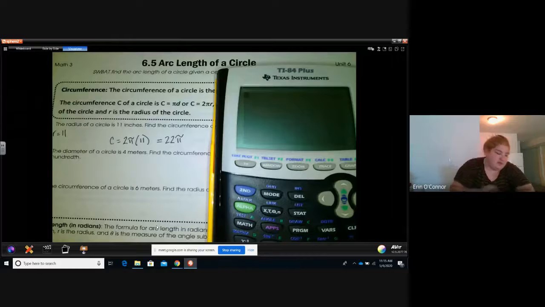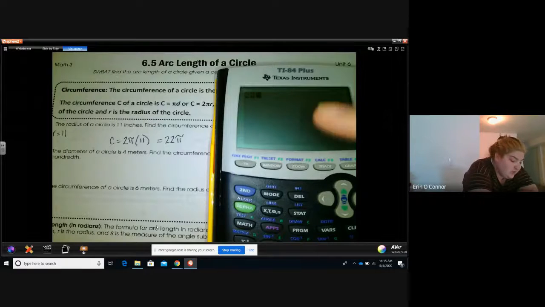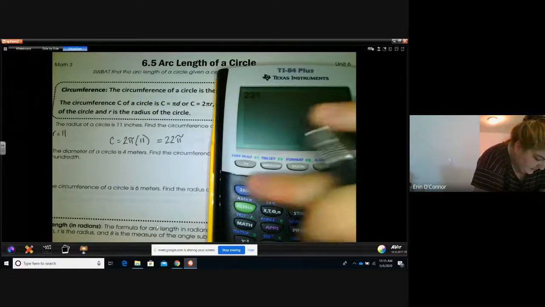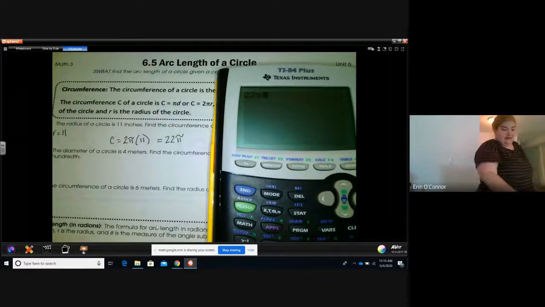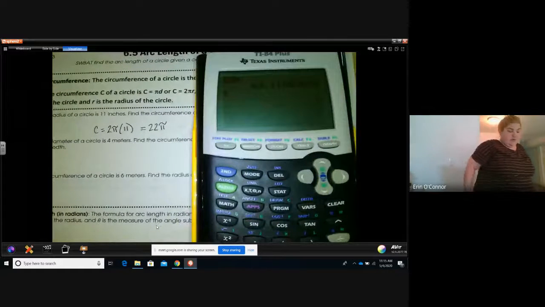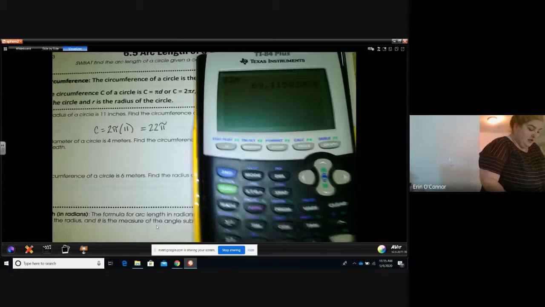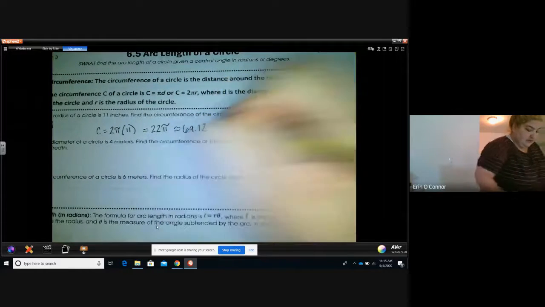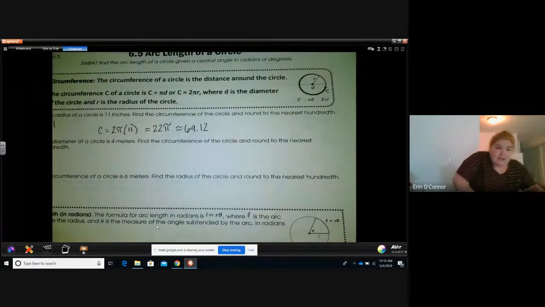You can use Desmos, whatever you like. But 22 pi, and just actually use pi, which is second caret right here, the button right below clear. And you get 69.12 when we round to the nearest hundredth. So this is approximately 69.12. All right, next one.